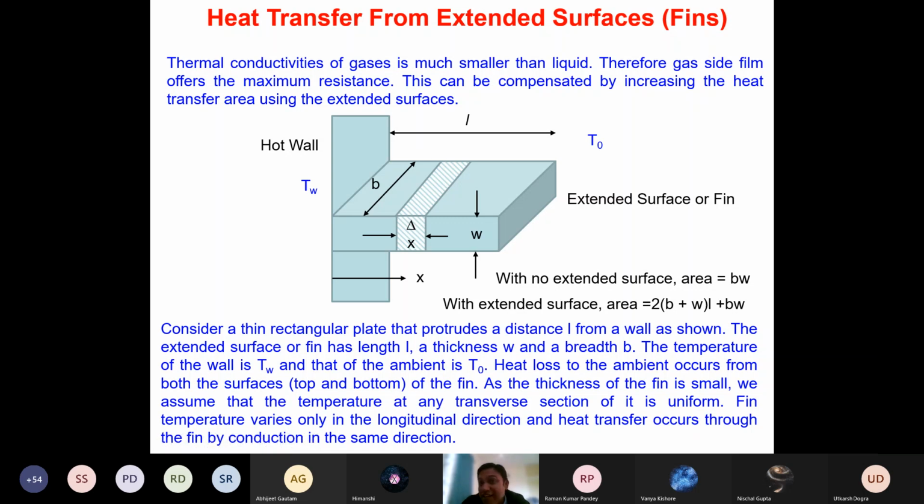That's not what I am desiring. What I'm desiring is that my temperature here should become the ambient temperature. That means all the heat which is conducted here is getting dissipated till the end of the fin. Yes or no? Okay, sir.